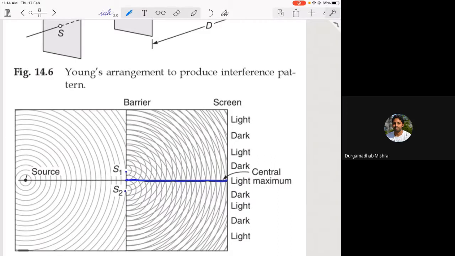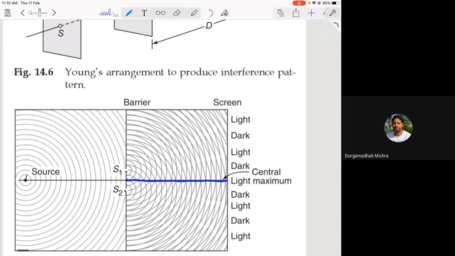Due to this, the amplitude becomes more, and that's why the intensity is higher. So you see a bright light in that direction.